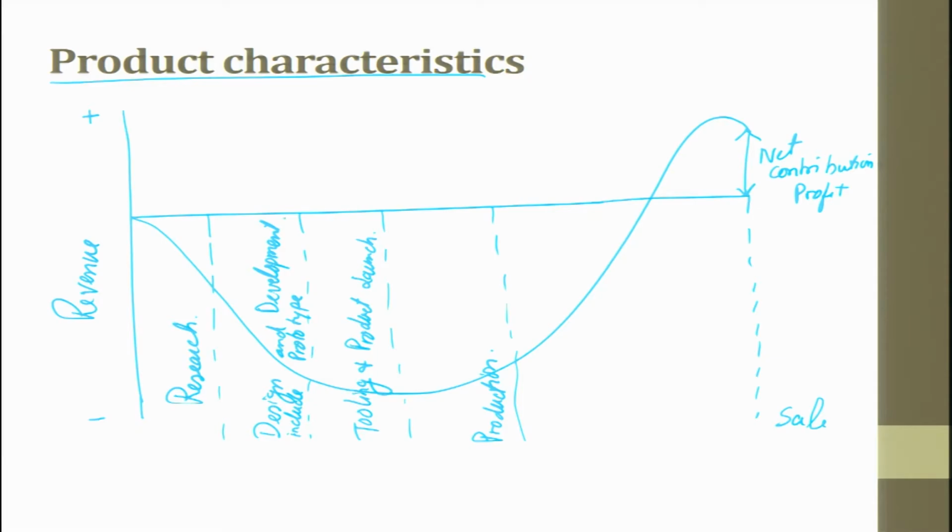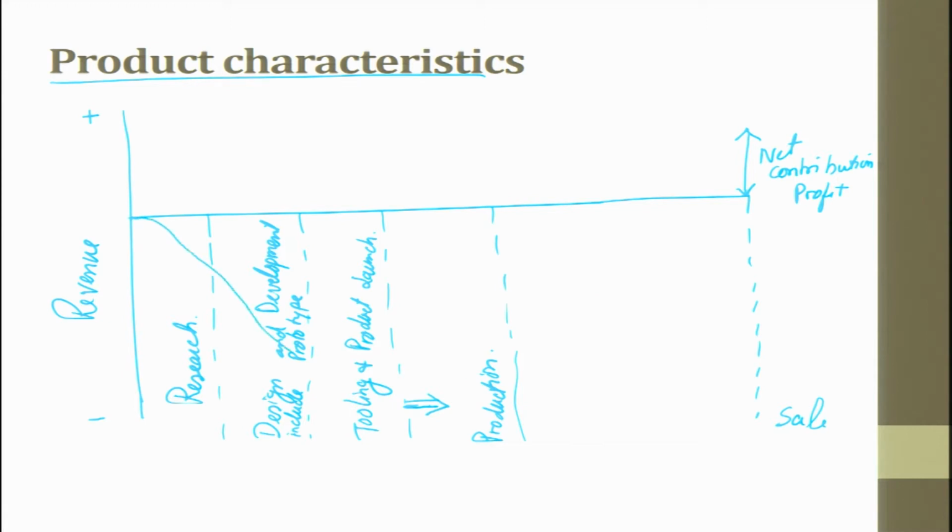When we are doing design and development, the investment continues, and once we are getting into tools, it further continues, and in the production, in fact, there will be a shift in the graph. So, this steep thing will continue up to tooling, and then it keeps continuing towards production. So, let me redo it.